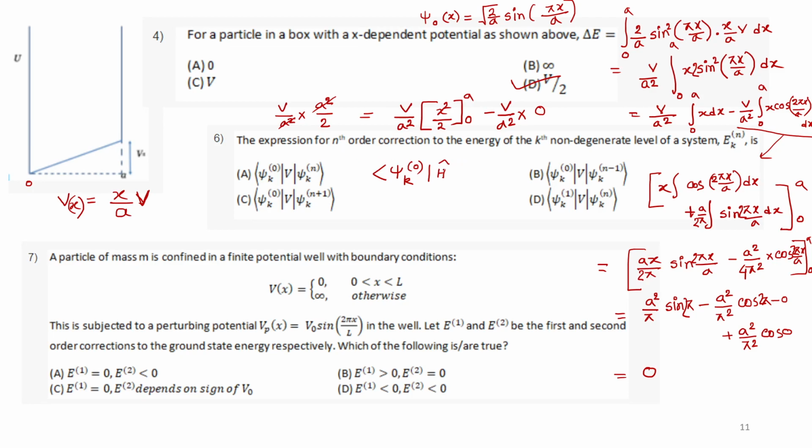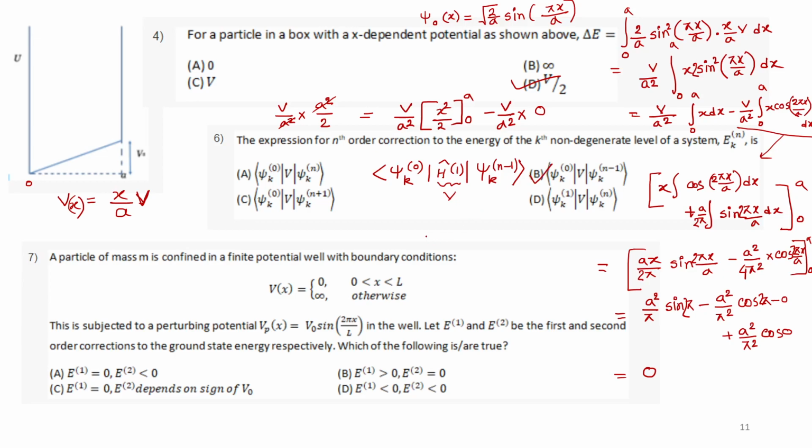Achha, nth order perturbation. So it would be psi k 0, V, psi k (n minus 1). They are saying this is V in all 4 cases, so I'll also write it as V. So it would be psi k 0 V psi k (n minus 1). So B is the correct answer here.